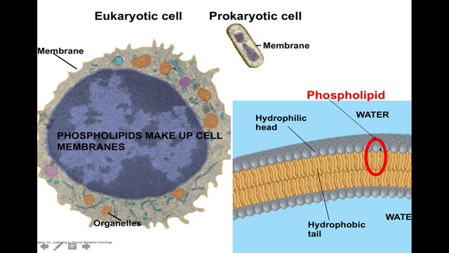Each phospholipid has an oval shaped head and the tails, and in a membrane always tails face each other and heads face away. The reason why tails always face each other in a membrane is because the tails are hydrophobic because of nonpolar covalent bonds, whereas heads are hydrophilic. And they're hydrophilic, so they like water, so they are in contact with water outside and inside, right?